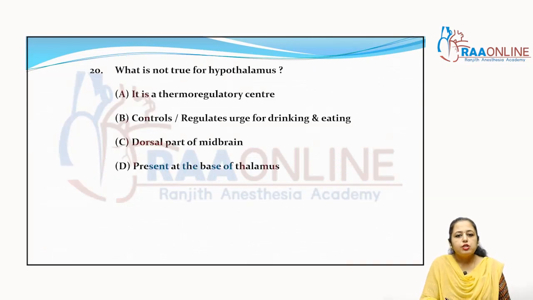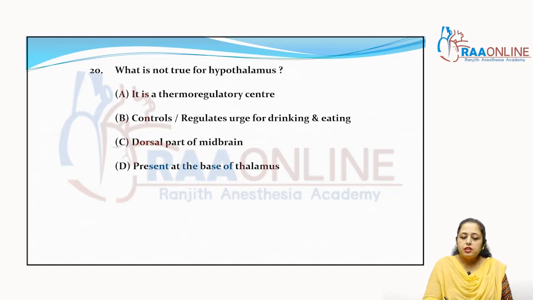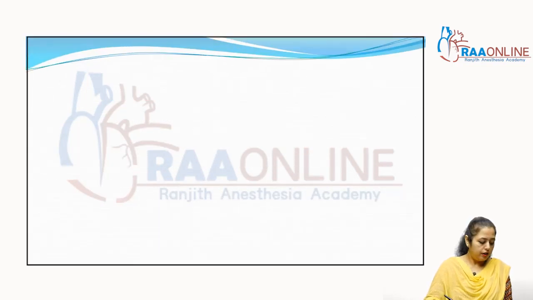Come to the question, what is not true for the hypothalamus, right? What is the hypothalamus? Actually, it is the part of the diencephalon, and the diencephalon is the part of the forebrain. Clear?